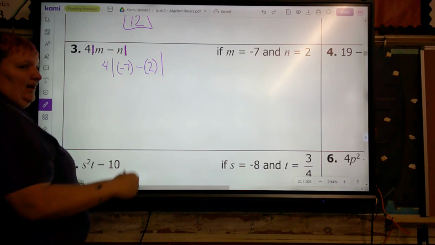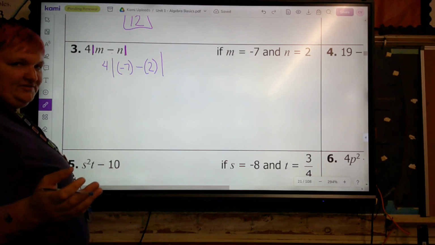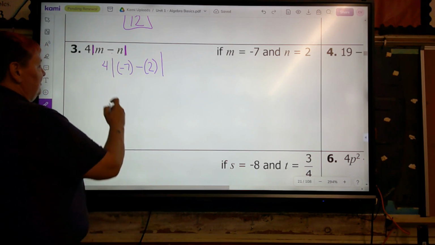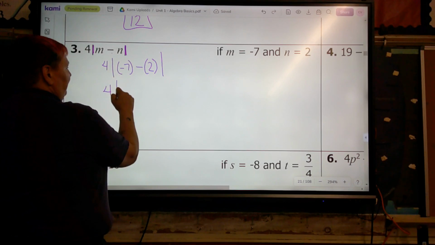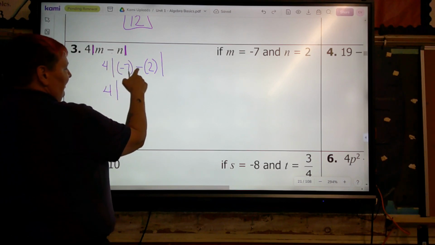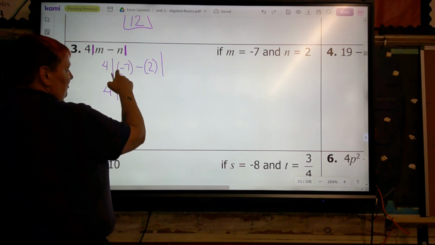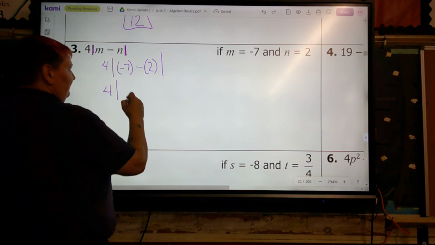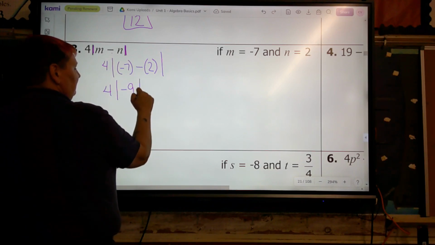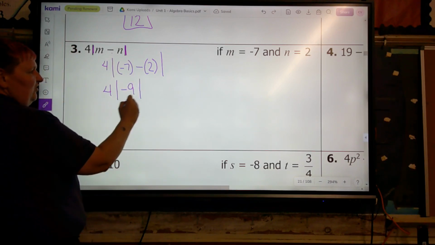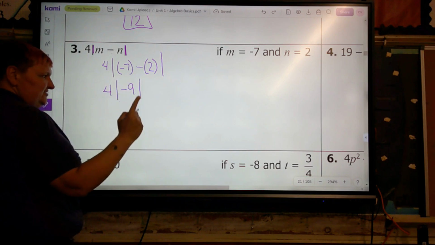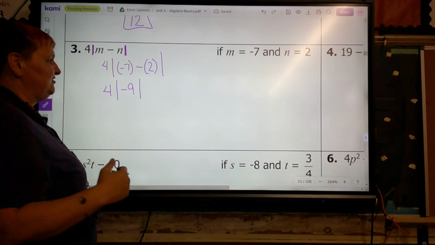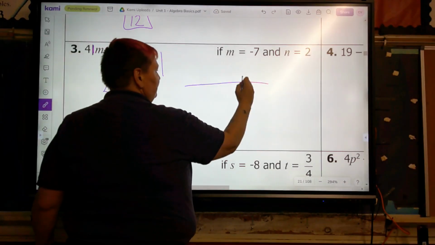So you can treat absolute value bars also like parentheses, grouping symbols. Do what's inside them first. So we have 4, absolute value bar, negative 7 minus 2. Negative 7 minus 2 would be negative 9. Alright, then once you're down to one single integer in your absolute value bars, then you can find the absolute value, which is your distance from 0.